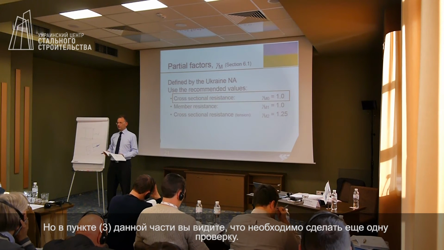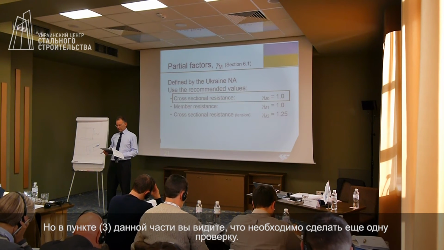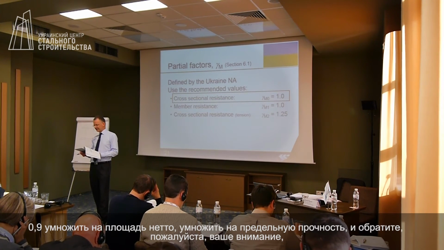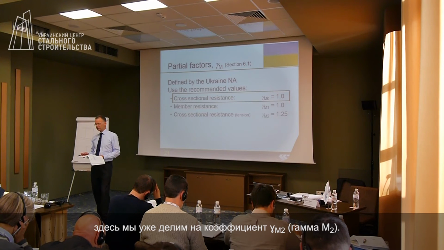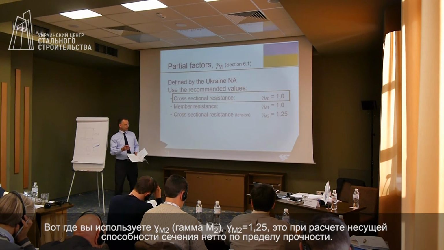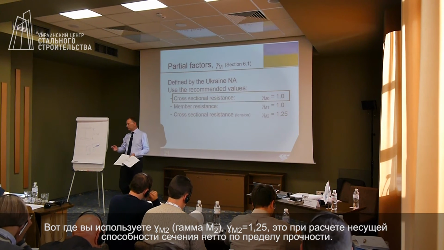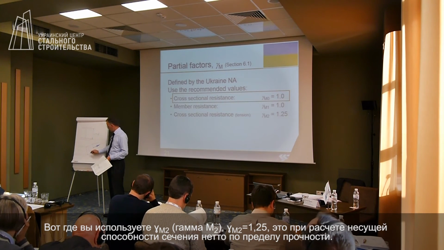But in section 3, you'll see there is another check to be done. 0.9 multiplied by the net area, multiplied by the ultimate strength, but notice this time it's divided by gamma m2. And that's where you would use gamma m2, 1.25. You tend to use it with the ultimate strength.